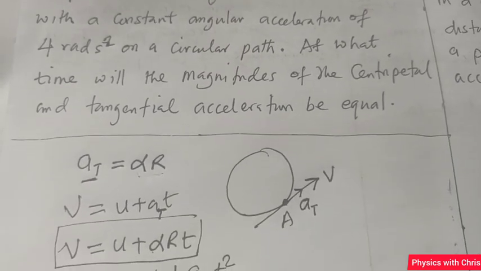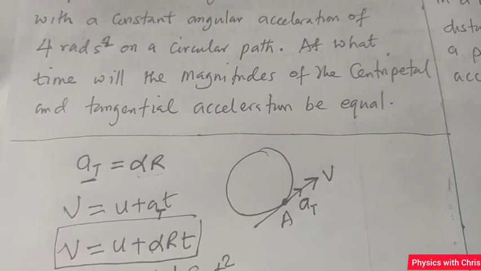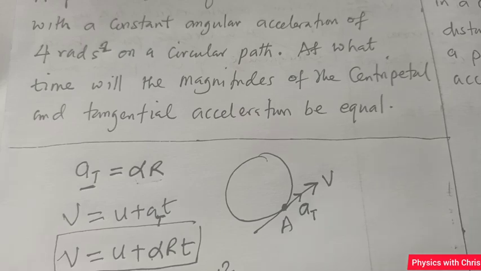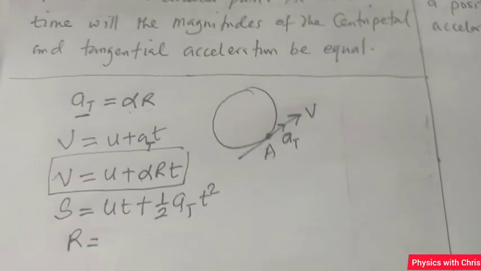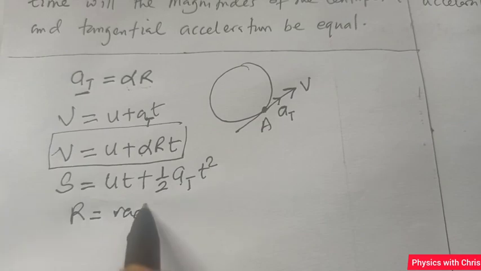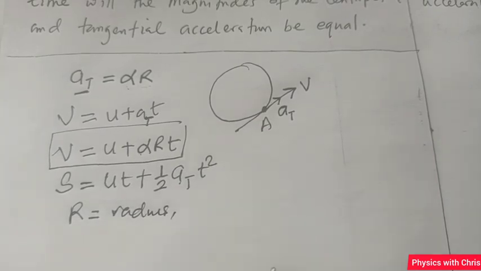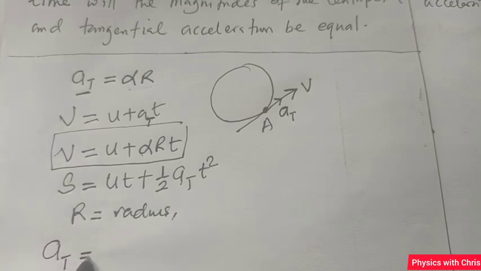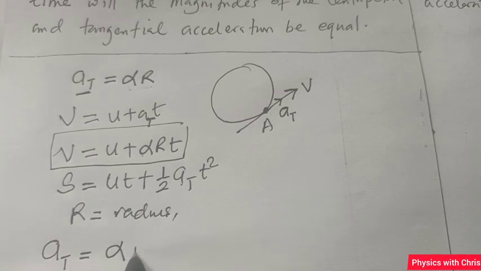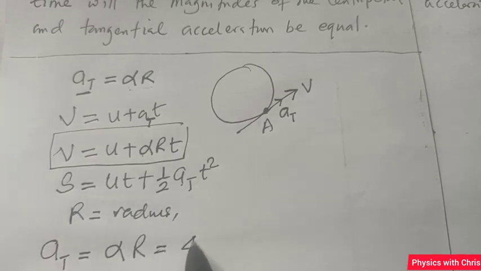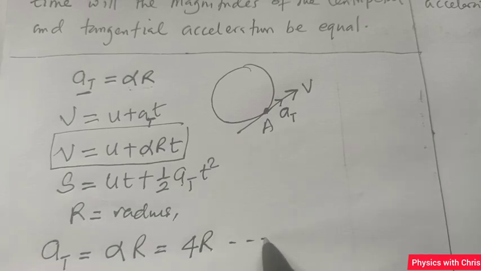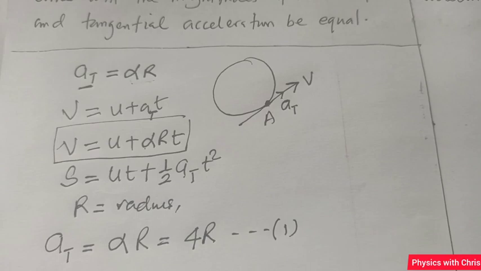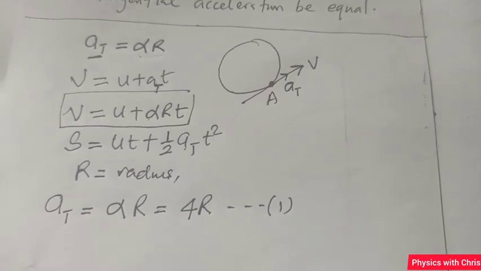At what time will these two accelerations be equal? Okay, first of all, let's take r as the radius because it's also not given. So let r be the radius of the circle. Now for tangential acceleration, it is given as angular acceleration multiplied by radius. That will give me 4 times r. I can set this as equation 1. Then to calculate the centripetal acceleration, I need the speed.